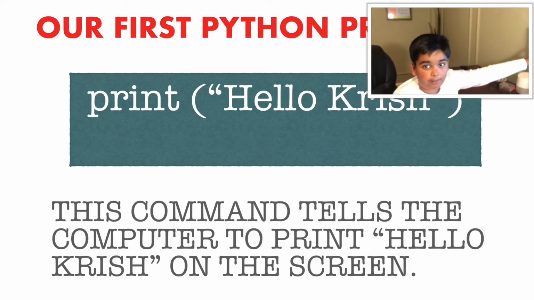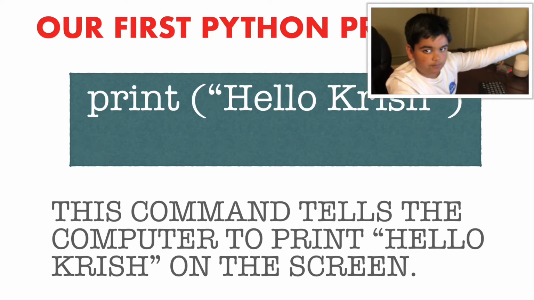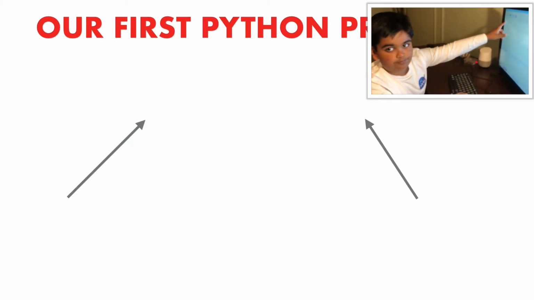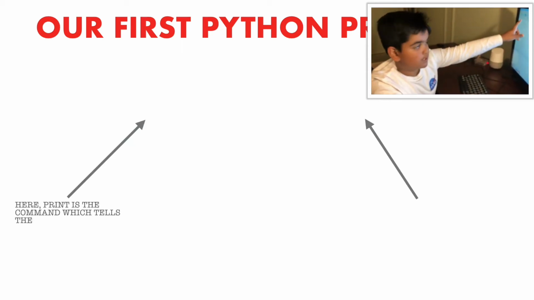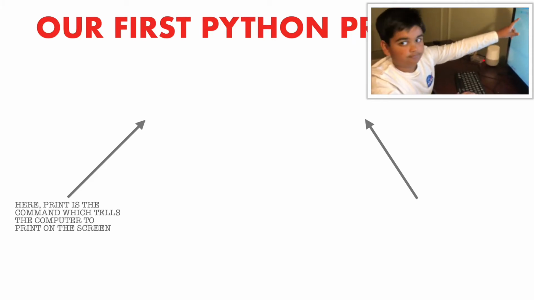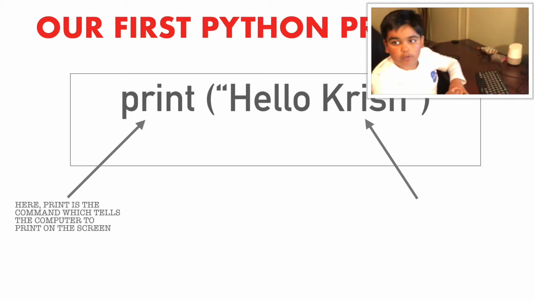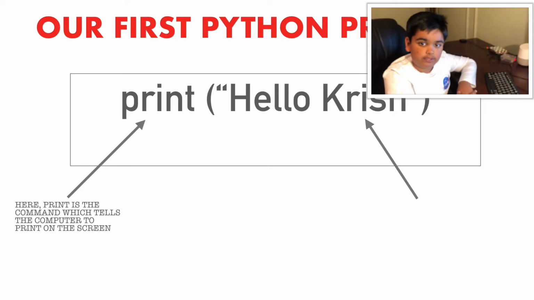Here, print is the command which tells the computer to print on the screen. Here, "Hello Krish" is the parameter to pass the command. The way the whole thing above is written is because of the syntax.